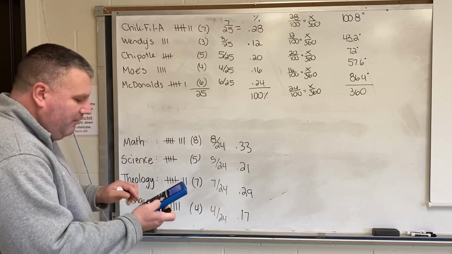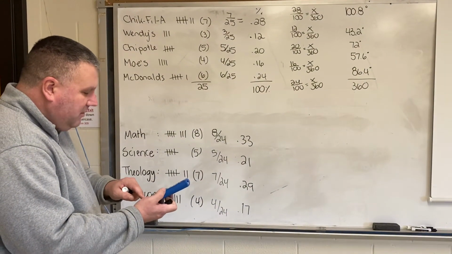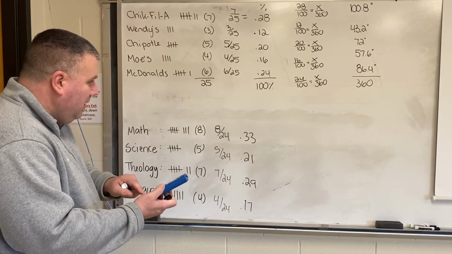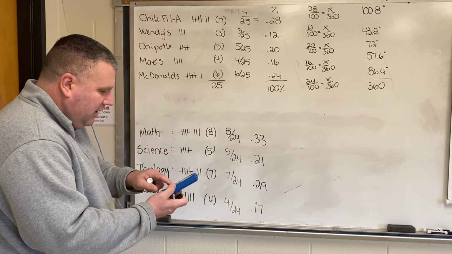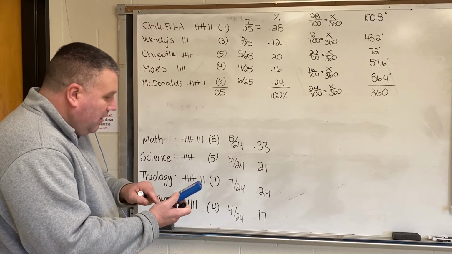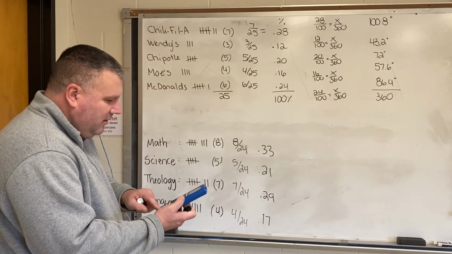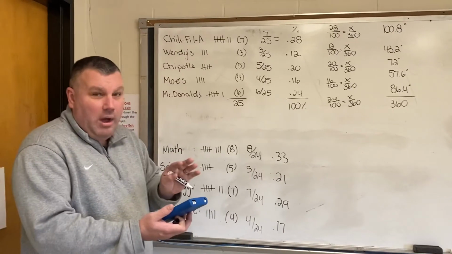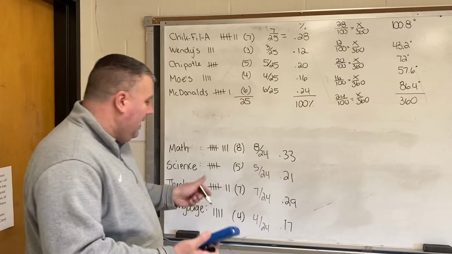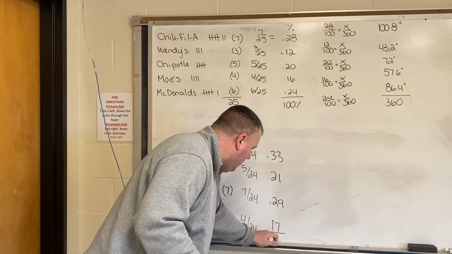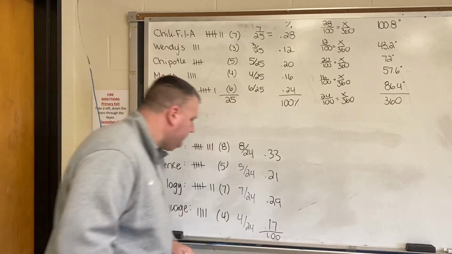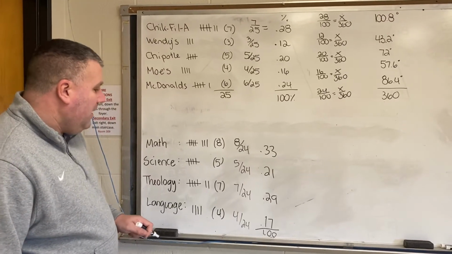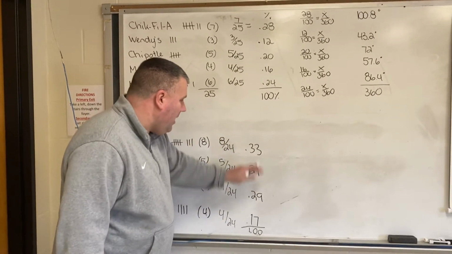So let's add them up: 0.33 plus 0.21 plus 0.29 plus 0.17. We want to be very close to 1. We add that up, and it's exactly equal to 1.00, which would be 100%. So we are good for that.